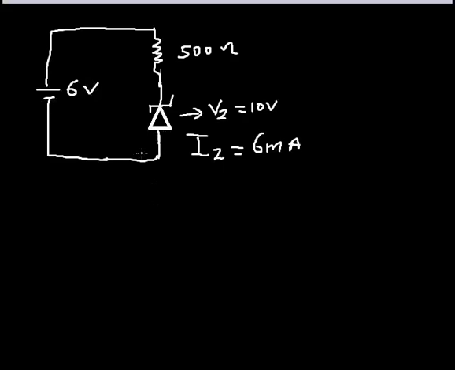Now first of all, let's look at the connection. You remember a Zener diode should be reverse biased. So this diode is reverse biased. Yes, it is reverse biased. The anode is connected to the negative terminal of the battery, and the cathode is connected to the positive. But there's one thing: this diode will not be operational. Why? Because the supply voltage is less than the Zener voltage.